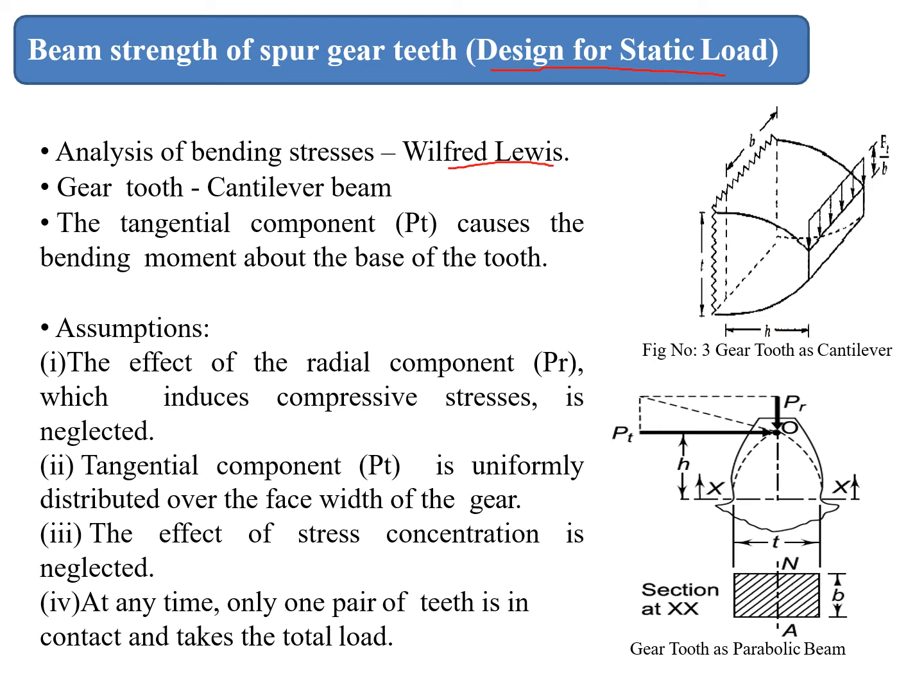The equation derived by this consideration is also called the Lewis equation. Here the assumption is that the gear tooth is a cantilever beam. This end is considered the fixed end, and we assume the load is applied at the free end.